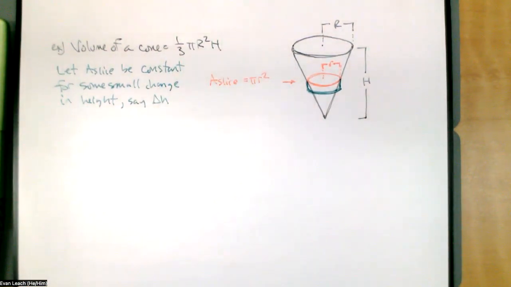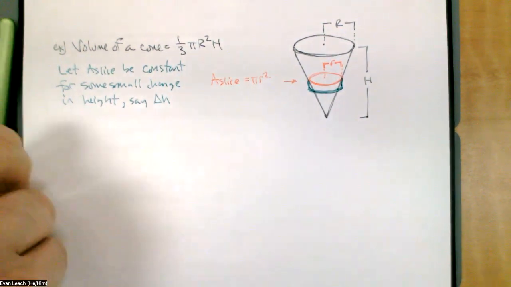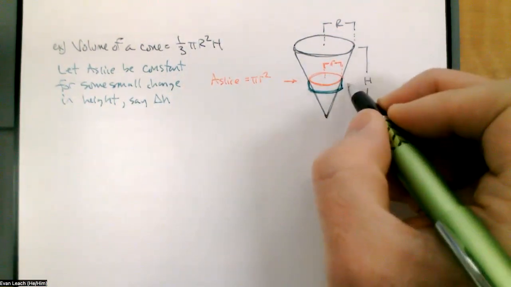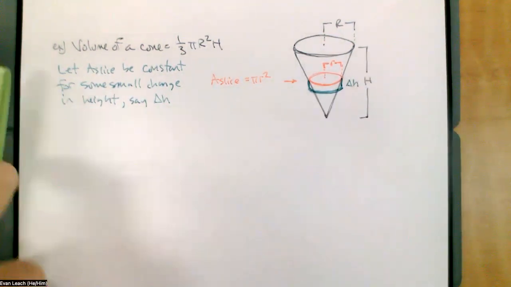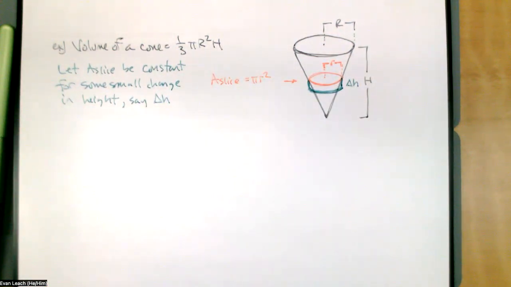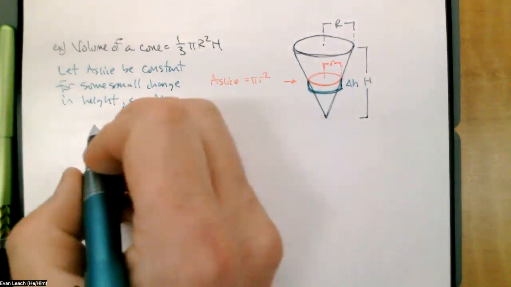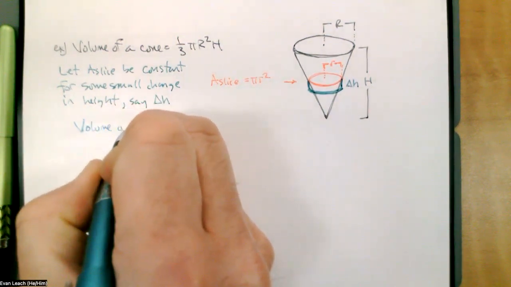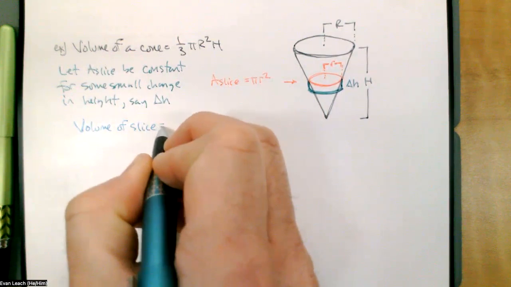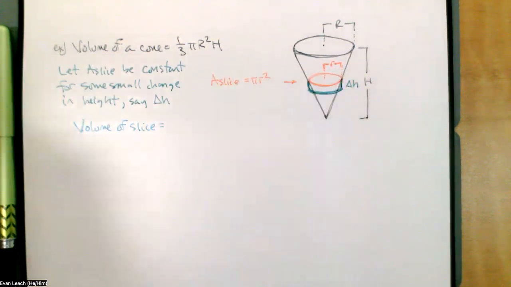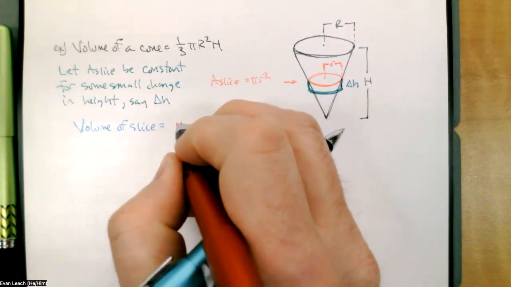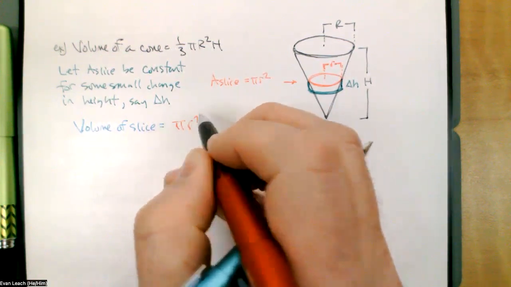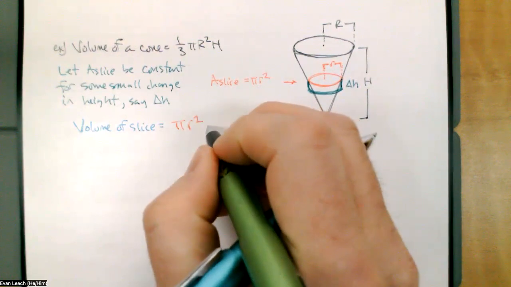I'm going to say that small change in height is delta H. So then I can say that the volume of this slice is going to be the area of the slice times the height of the slice.